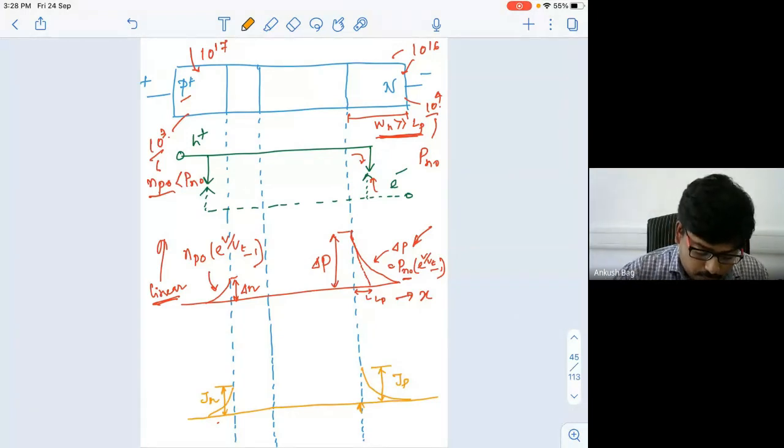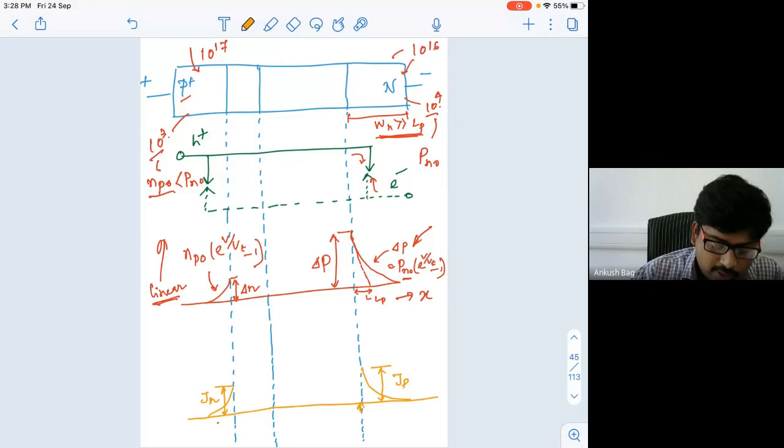Okay, so now just quickly, one other thing I'll remind. Our overall objective is to find out the variation of the electron concentration, hole concentration, hole current density, electron current density, as well as electric field.